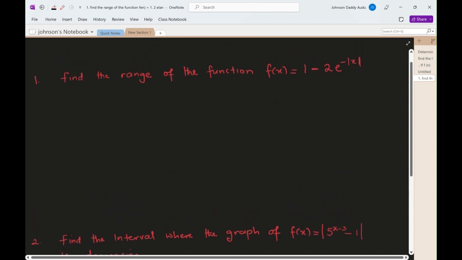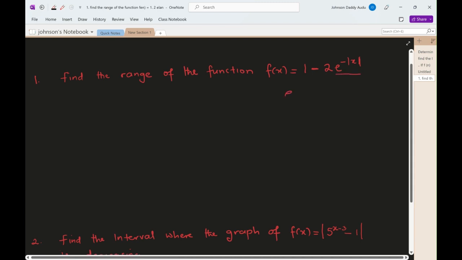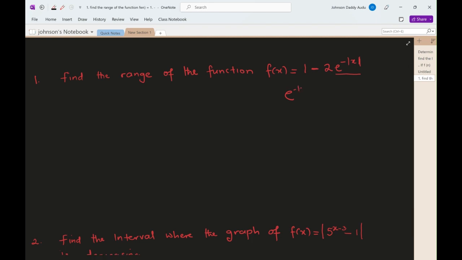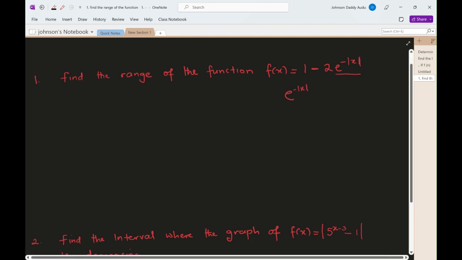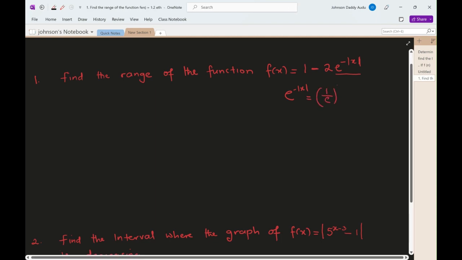So let's start. For the first question, just to simplify things, if we look at e to the power minus absolute value of x, this is the same thing as 1 over e to the power absolute value of x.